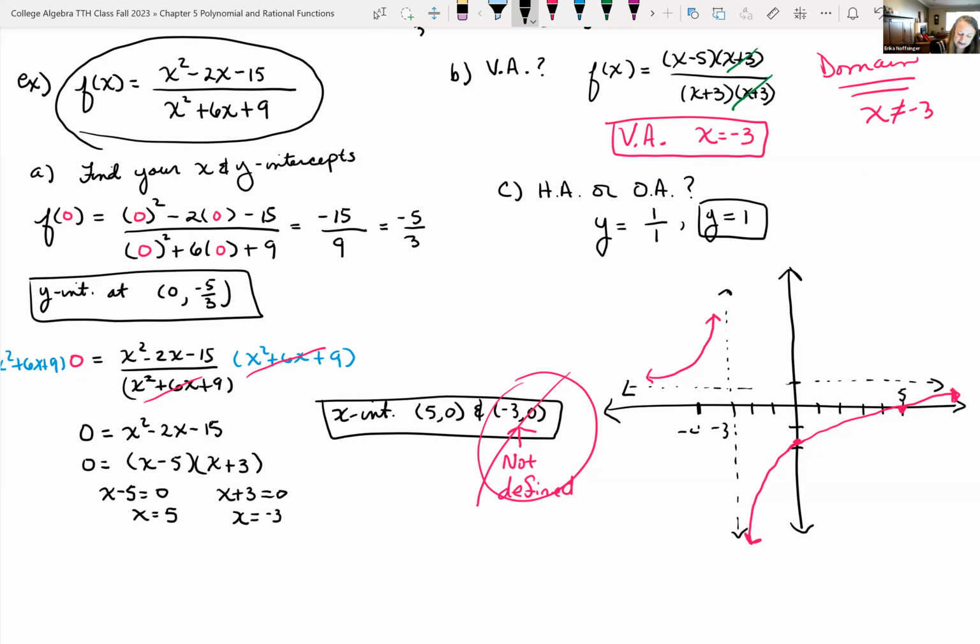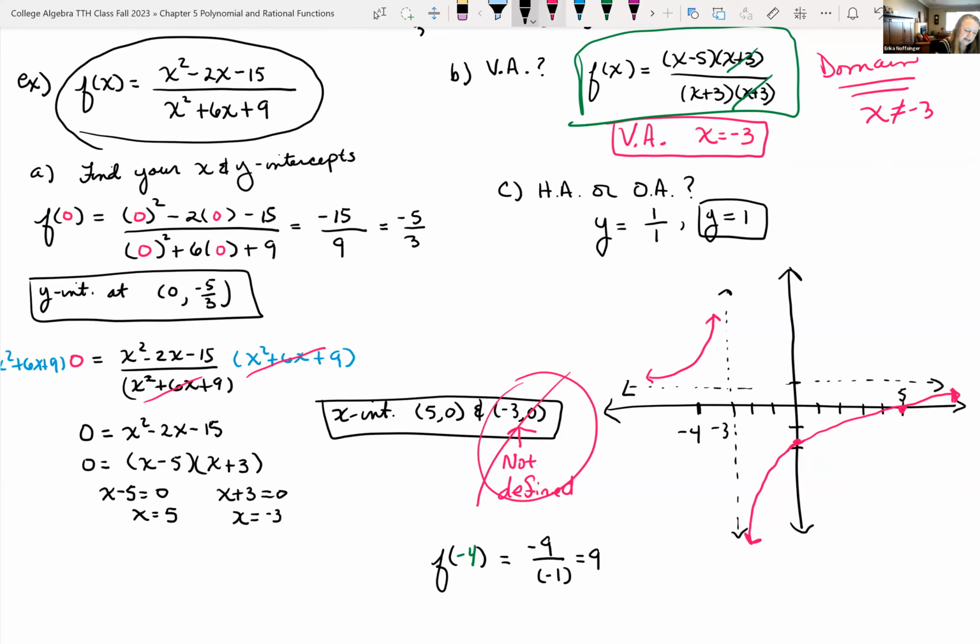So if I plugged in x equals -4, if we go back into our original function and let's look at f of -4. If we plugged it into our factored form, I would have -4 minus 5, which is -9, divided by -4 plus 3, which is -1, which is equal to +9.